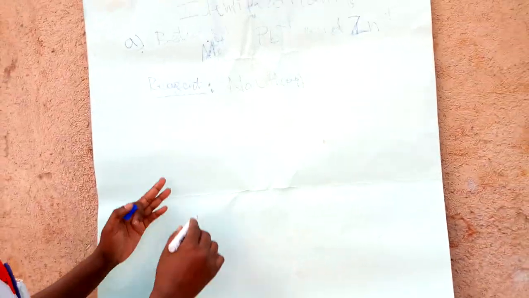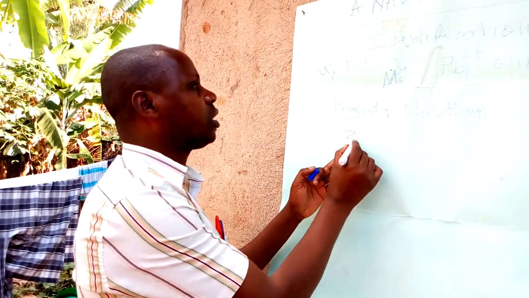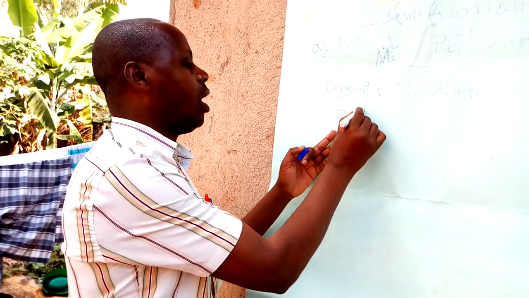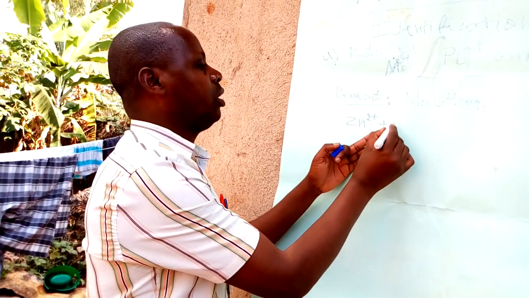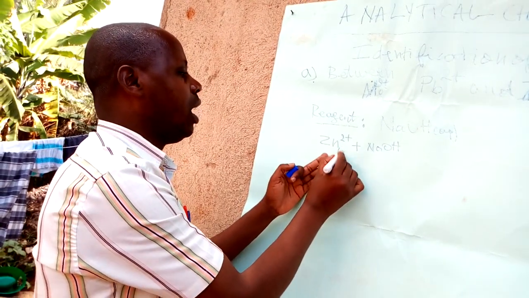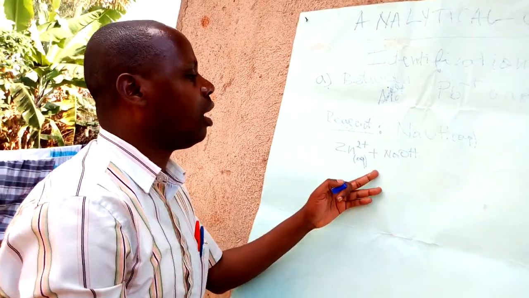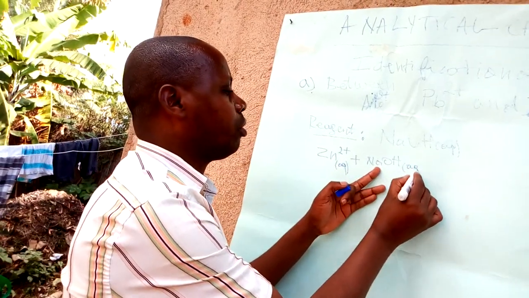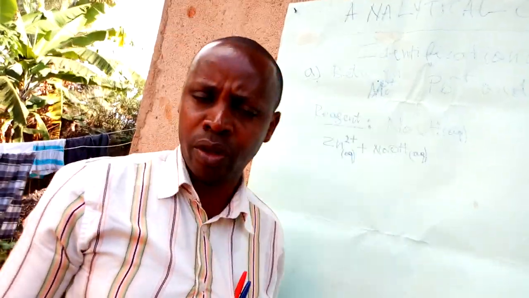Then, first of all, if we start with zinc 2 ion, we add sodium hydroxide, but this is aqueous and colorless, and the sodium hydroxide is aqueous and also colorless.